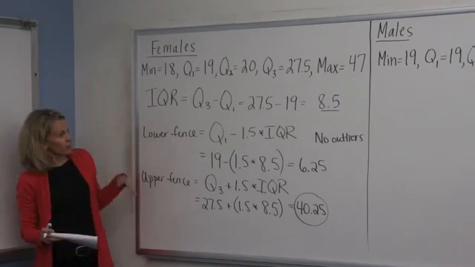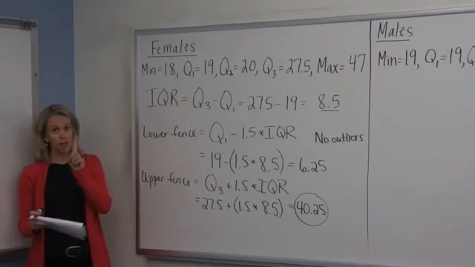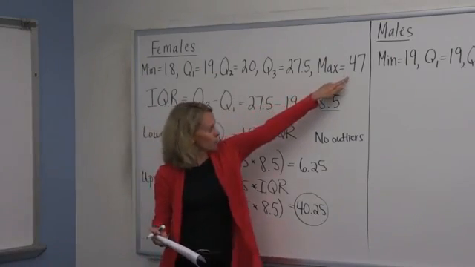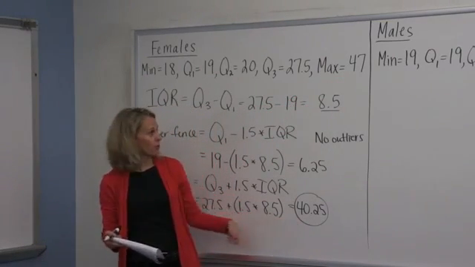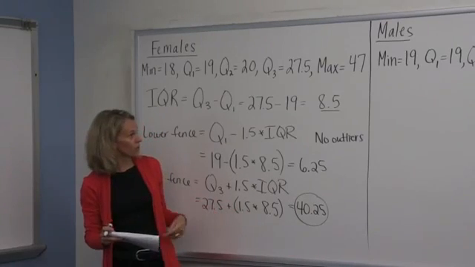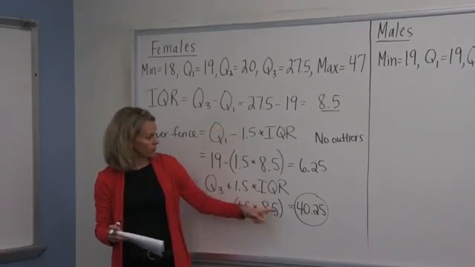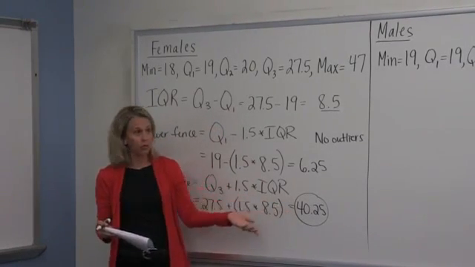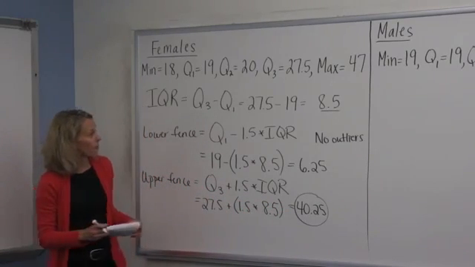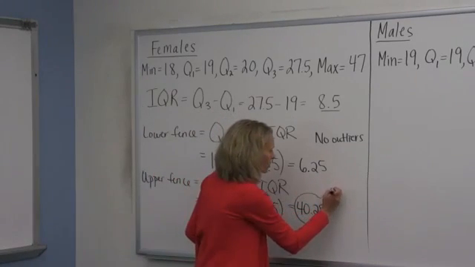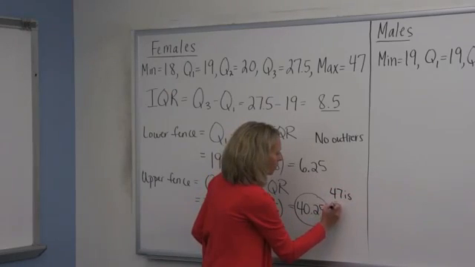Without going back and looking at the data quite yet, I know I have at least one outlier. 47 is larger than 40.25, so the 47-year-old is an outlier. And if there were any other female students older than 40.25, they're also outliers.